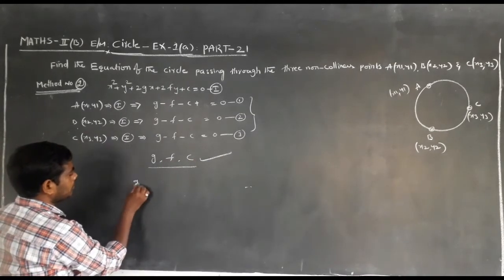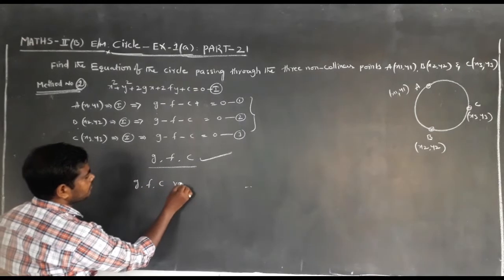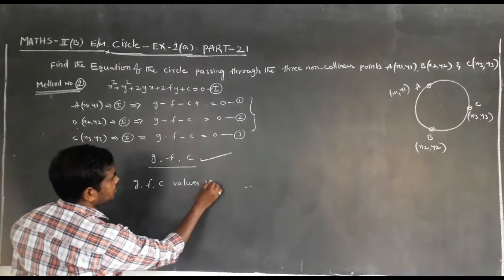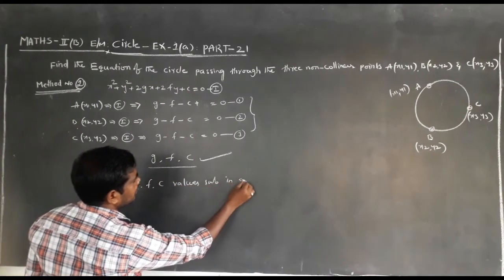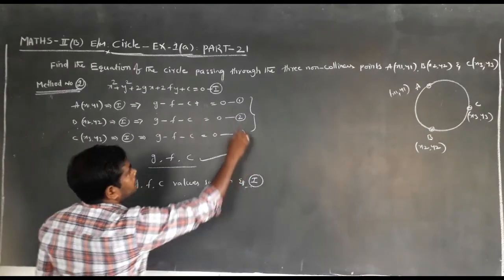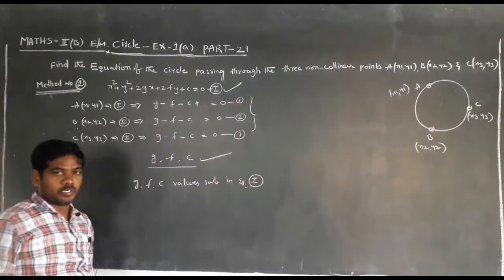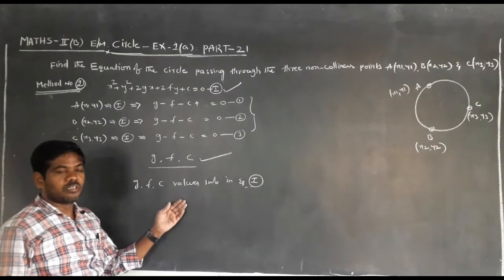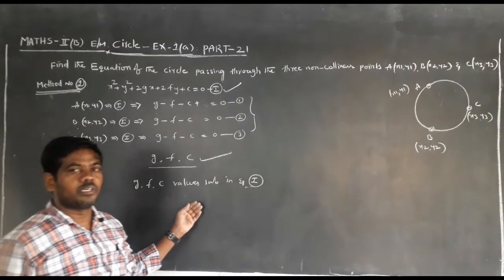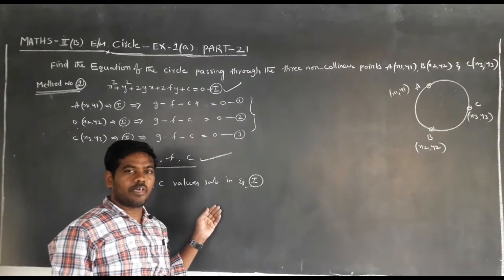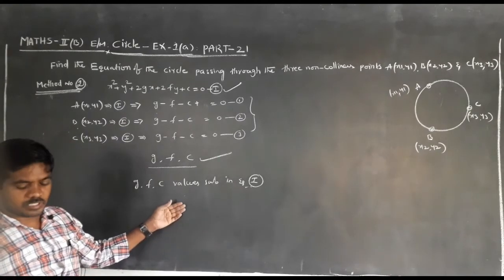Substitute the g, f, c values in equation Roman number 1. This is the required equation of the circle.